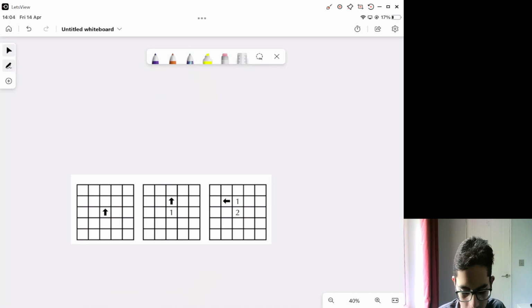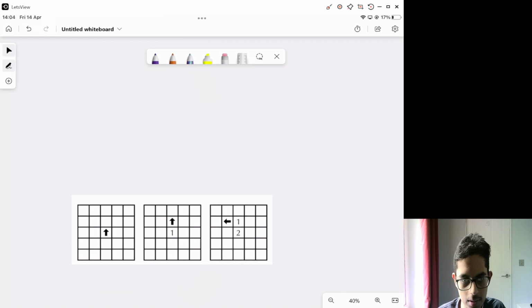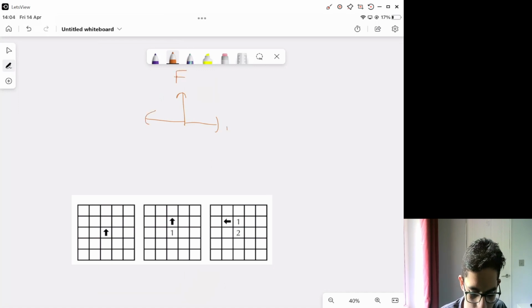So one key part of the question is that we need to model a situation such that there are three key directions which the explorer can move. These are forward, right, and left, okay? However, the key part in our exploration of this problem is that we won't be treating these forward, left, and right positions as being stationary. All of these will be relative to the current direction the explorer is facing in.